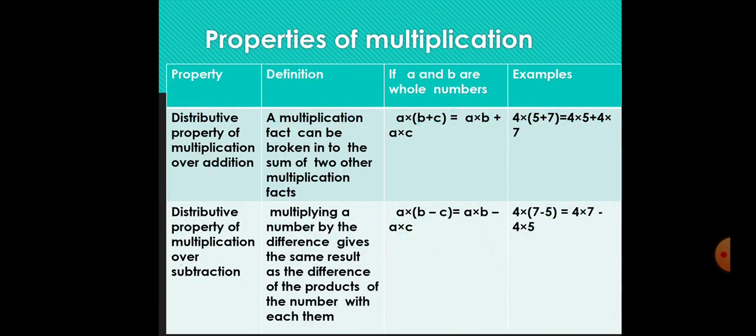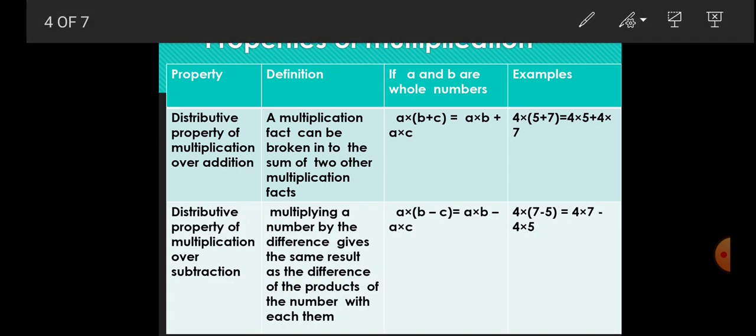Now distributive property of multiplication over addition. A multiplication fact can be broken into the sum of two other multiplication facts. a multiplied by, in bracket, b plus c, means a multiplied by b and a multiplied by c, also equal to a multiplied by b plus a multiplied by c.